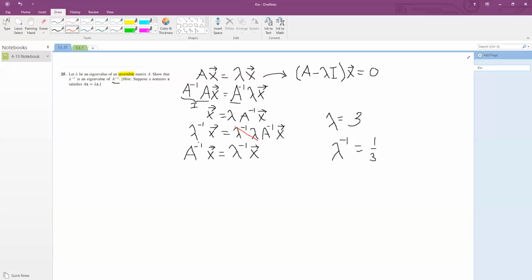This is flipped backwards from what we eventually want, but you see we have A inverse times x equals lambda inverse times x, and that is all you need. Then you could write a statement at the end; I won't write it, but lambda inverse is an eigenvalue of A inverse because this is true. So there you go.